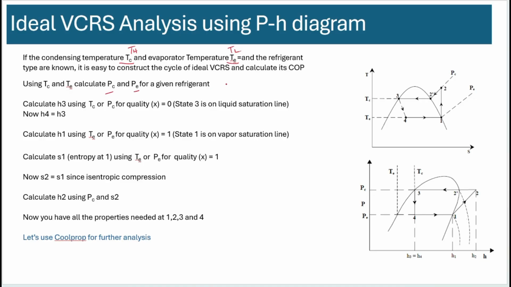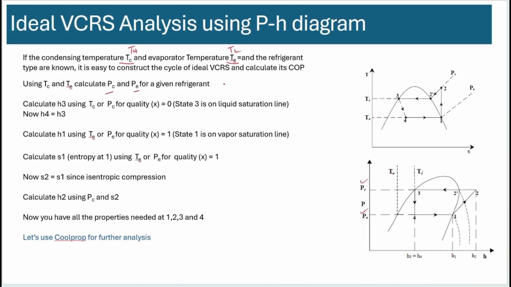You assume that's the saturation pressure. So if you know these two things, the TC and TE, you know PC and PE for a given refrigerant, okay? So you can do that with CoolProp.